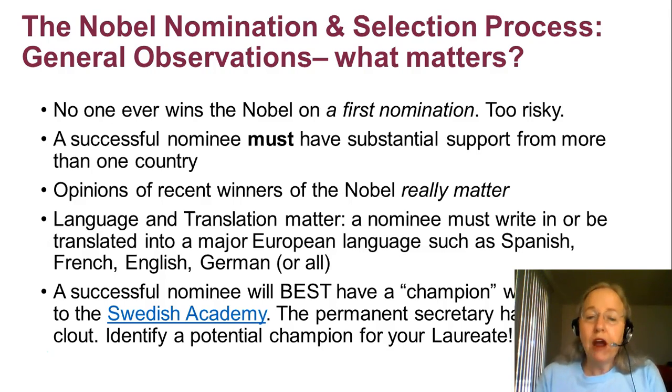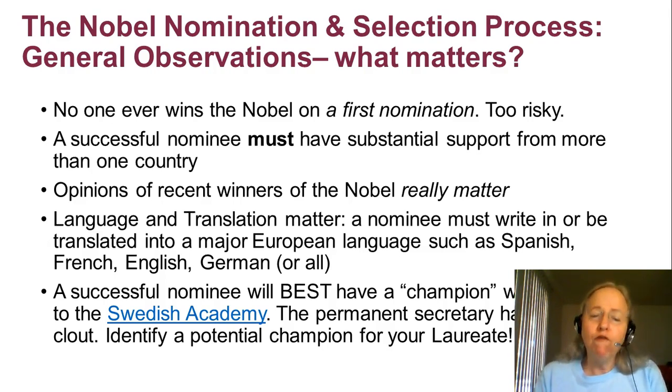It is imperative that a nominee be writing in and or translated into major European languages. In the case of Chinese laureates, there is a person on the Swedish Academy who is a specialist in Chinese literature, which is as should be, but nonetheless there needs to be other translations as a way of ensuring that there's support from more than one country, that it is an international prize.